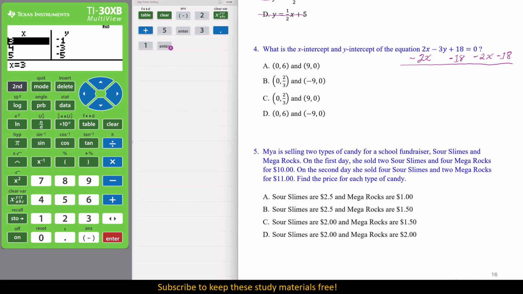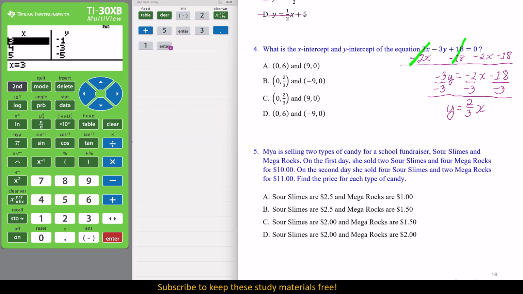Okay, so that means I have a 0 pair here and here. Now I clean it up and I have minus 3y equals negative 2x minus 18. Now I divide each term by the negative 3. So I come over here and clean it up again. Y equals 2 over 3x.